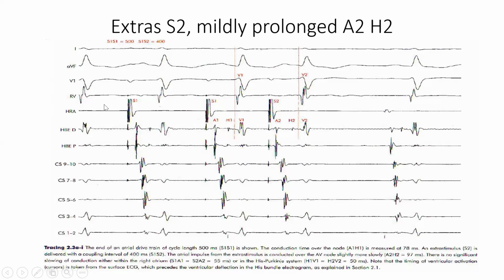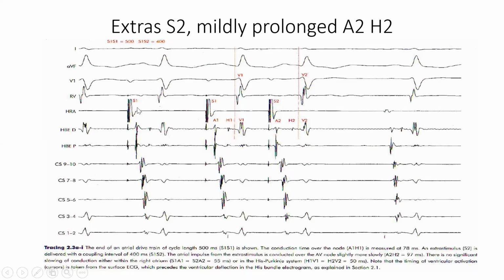You are pacing from the atrium here, so the shape of the activity will change. It will give you a box-like shape from the catheter you are pacing from. If you are pacing from the ventricle it will give you a box-like shape. If you are pacing from the CS it will give you a box-like shape. So this pacing spike, box-like shape, tells you that you are pacing from the HRA catheter.